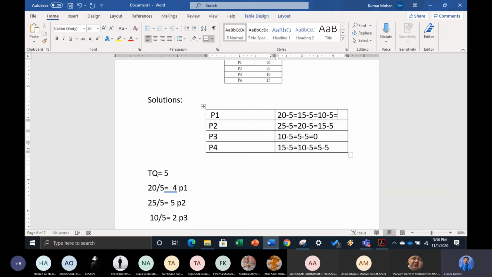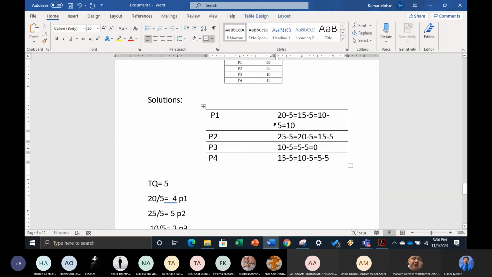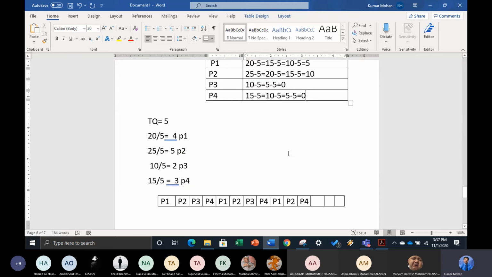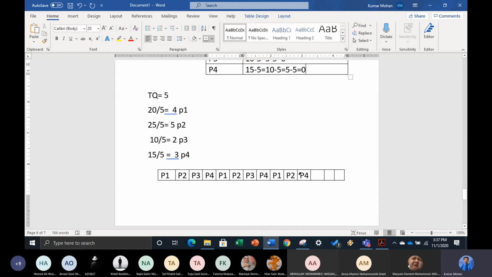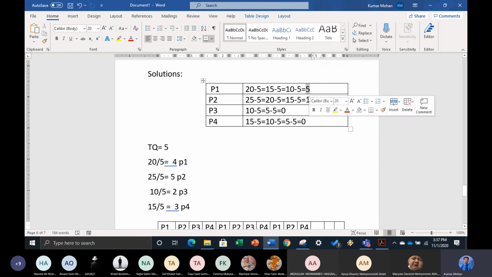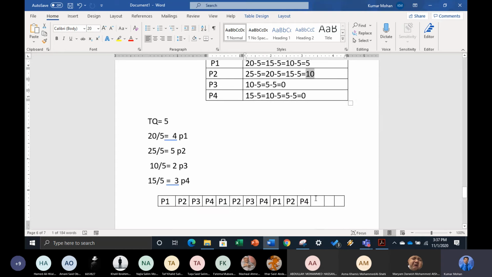After the third round, P3 is over and P4 is also over. Okay, fine. Next, what is remaining? P1 is remaining and P2 is remaining. So here you will get P1 and P2.